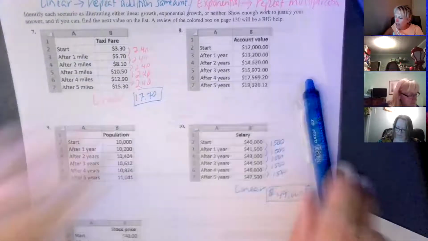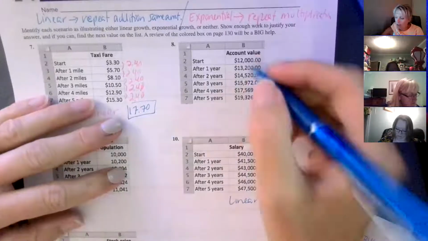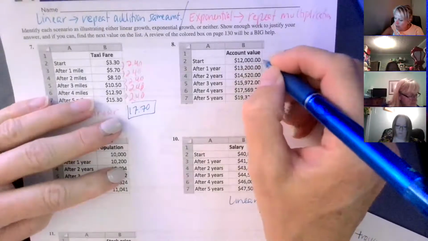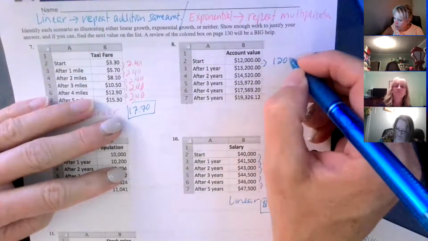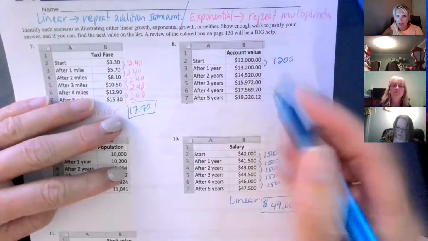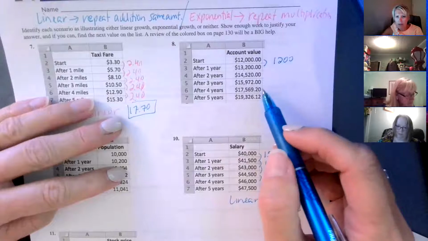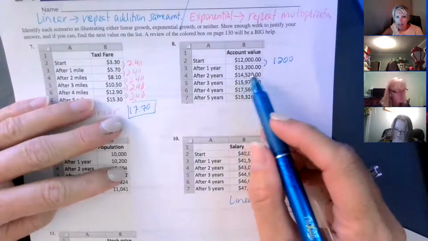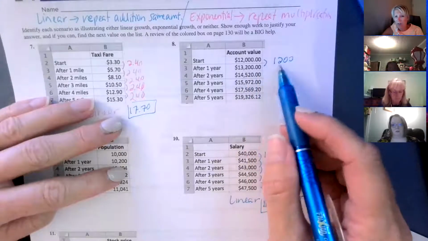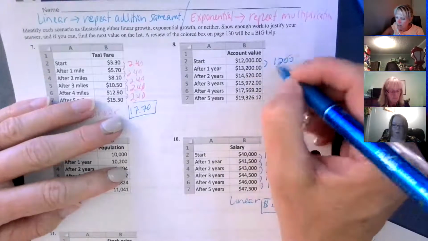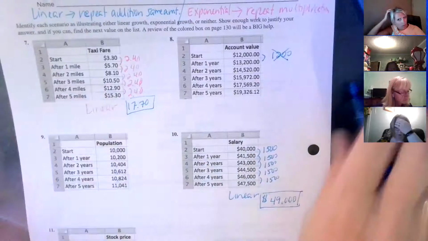So if 8 were to work for linear, then this difference here would be 1200, right? Mhm. And then they would all have 1200, but does that work? No. That would be 14,400, so that's not right. That one's an exponent of 1.1.